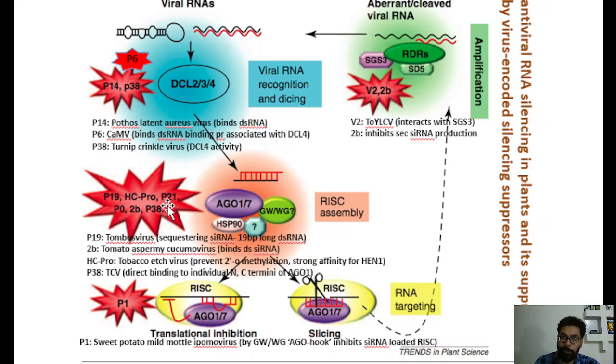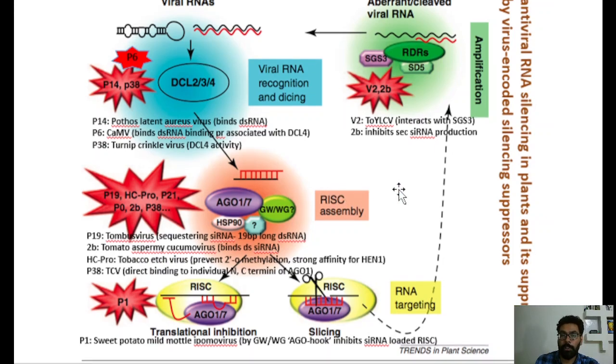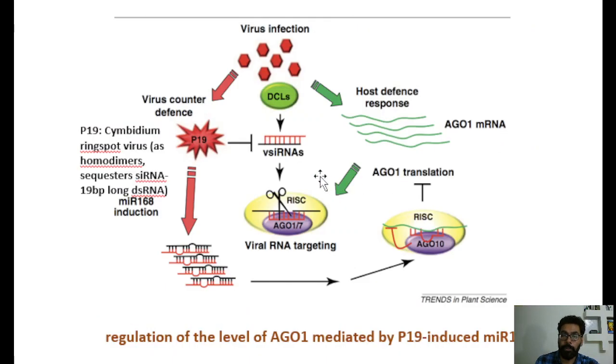Then SC-Pro and other proteins will interact with AGO1 and 7, and the P1 protein also interacts with the RISC complex, basically for overcoming the RNA silencing machinery of the plant. So these are different regulations of the Argonaute protein that can be mediated by the viral RNA silencing suppressor.